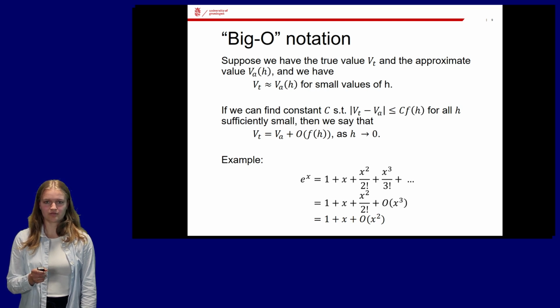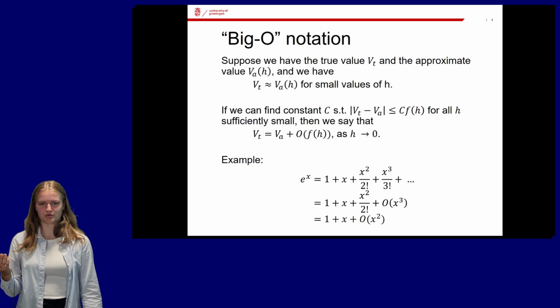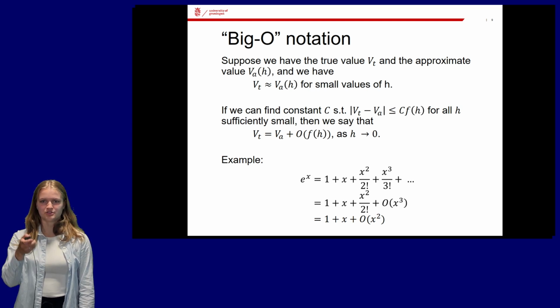So we'll have big O of x to the third. And note that this is equal to the expression below that. If we use the first 2 terms, your error term is going to depend on O of x to the power 2. So these 3 expressions really are equal to each other.